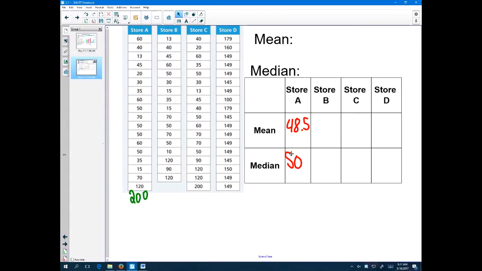Because let's say there's 2 numbers in the middle, right? There's not always just one number in the middle. Sometimes there's 2 numbers. Let's say it's a 4 and a 6. Those are your 2 numbers in the middle. The median would actually be 5 then, because that's right in between 4 and 6. So I'll show you an example like that tomorrow.